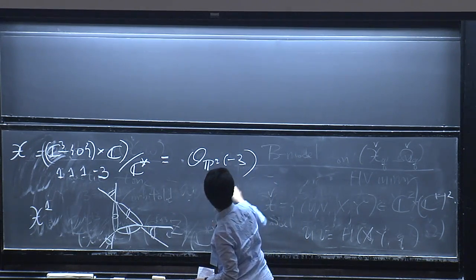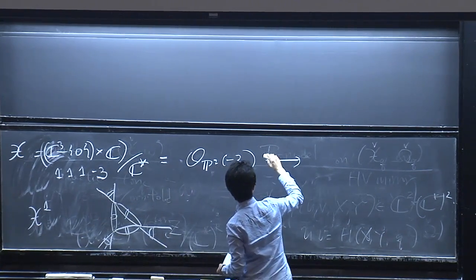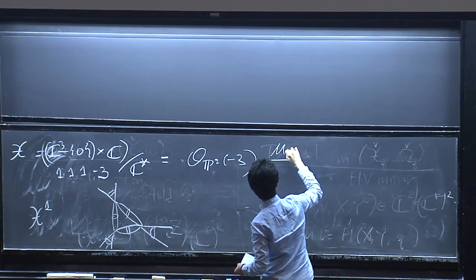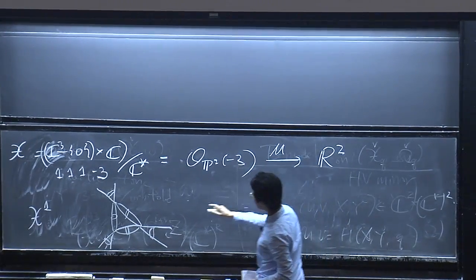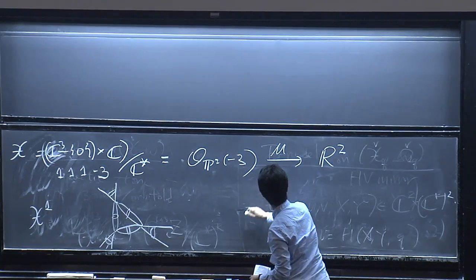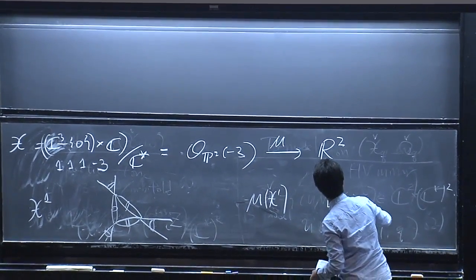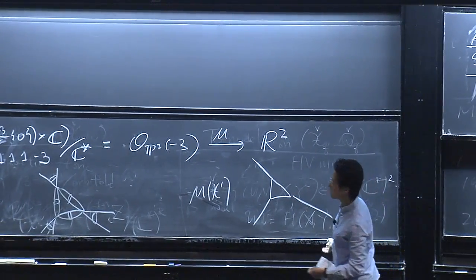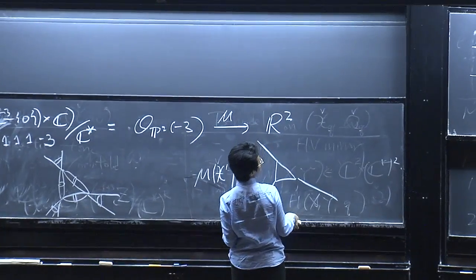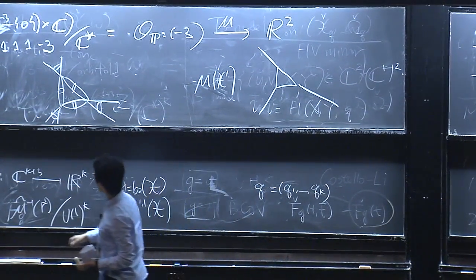So the action by the compact Calabi-Yau torus gives you a moment map to R^2, which gives you a planar trivalent graph.